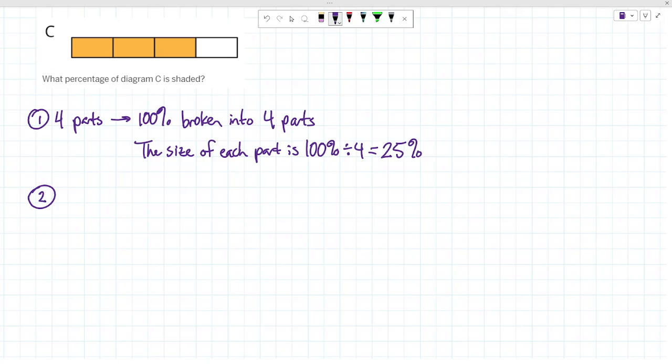So for this one, we have 3 parts are shaded. So we have 3 times 25%. Which, what's 3 times 25? We can count by 25s. 25, 50, 75. So 75% is shaded.